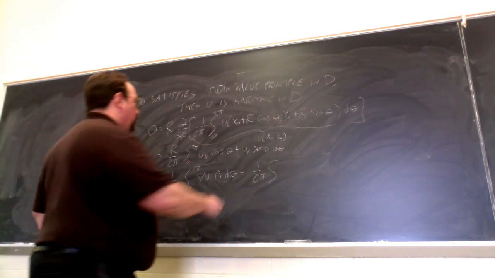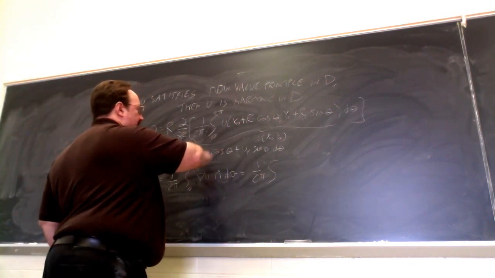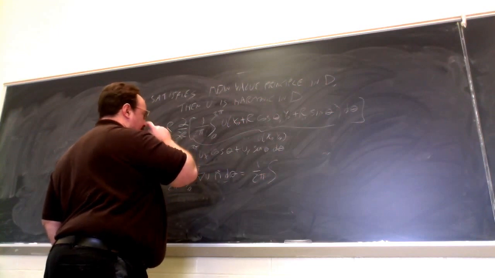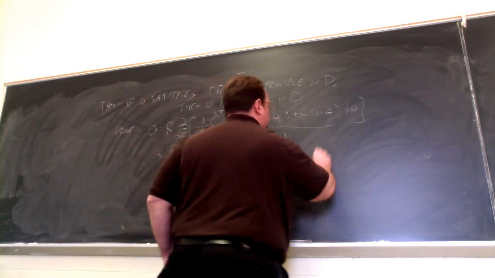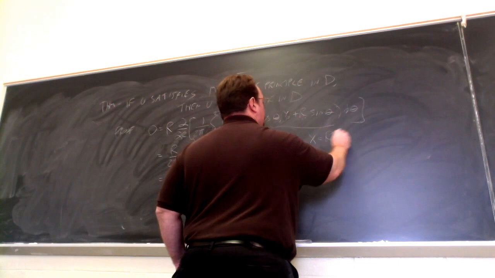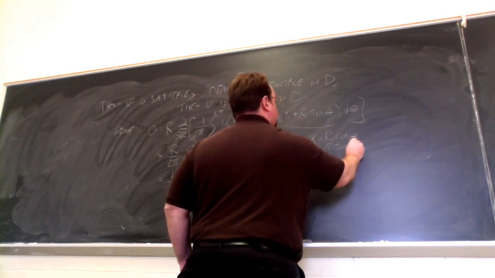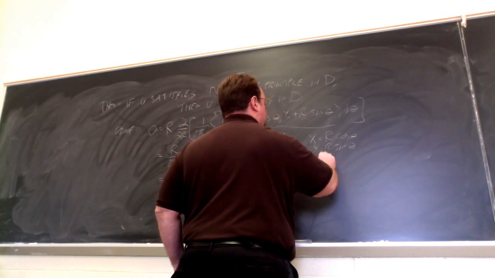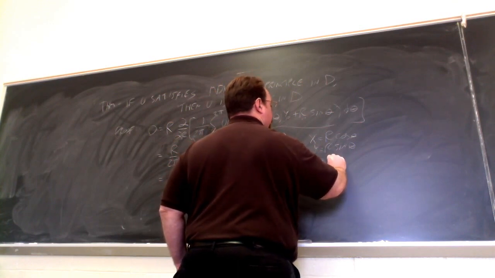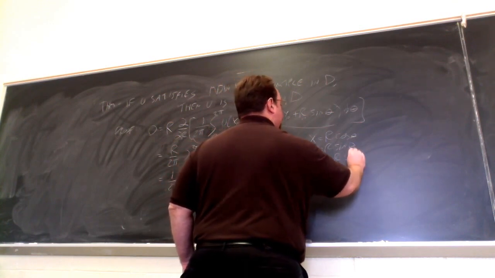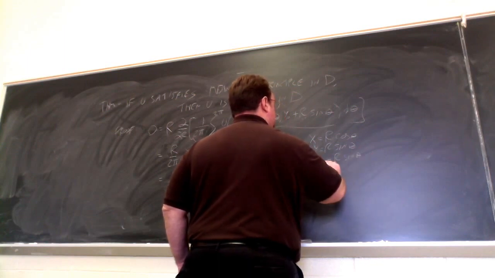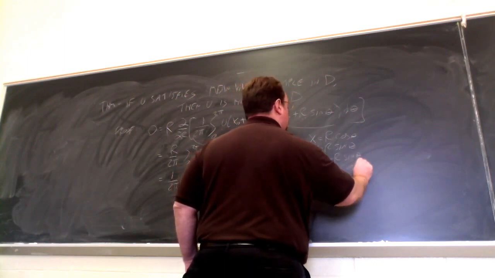When we treat this as a line integral and parameterize it, we have x equal to r cosine theta, y equal to r sine theta, and that means dx is minus r sine theta and dy is r cosine theta.